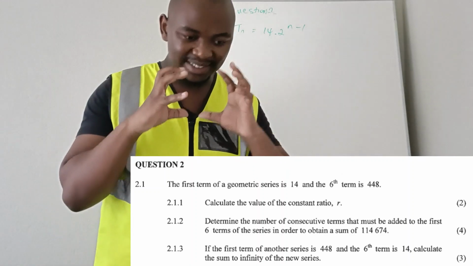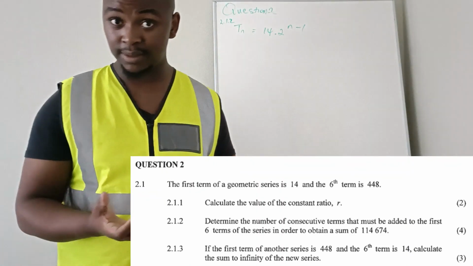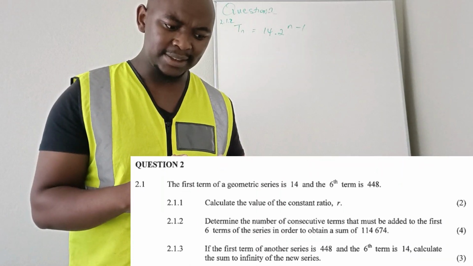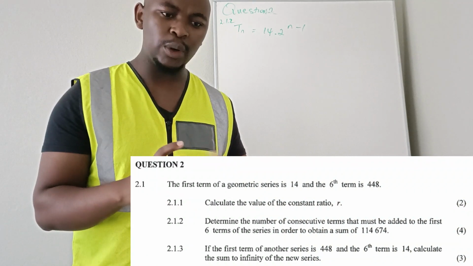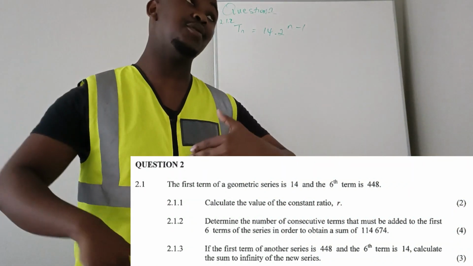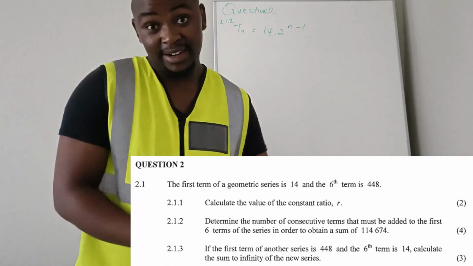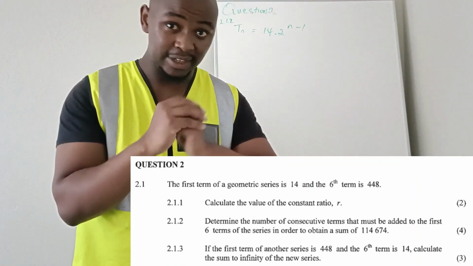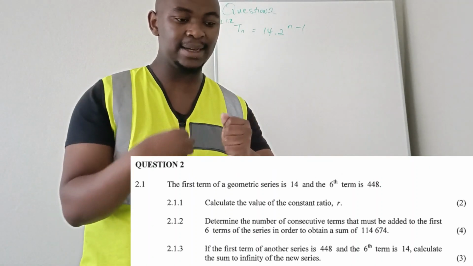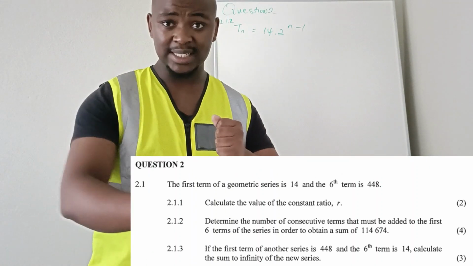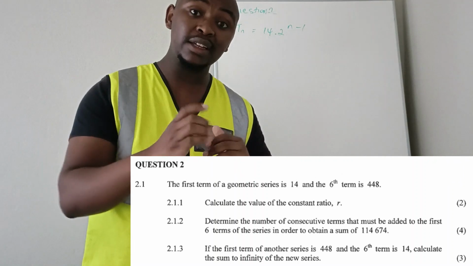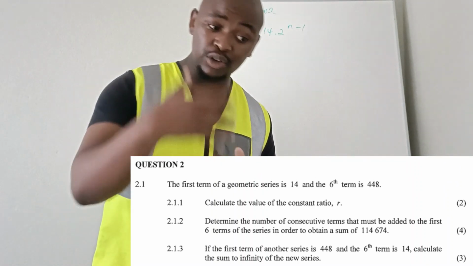So here we're looking for a sum of terms, let's say from term number 7 up until term number 100. If we sum those values and add them to the sum we know for the first 6 terms, how many term numbers can we add in order to find that value?